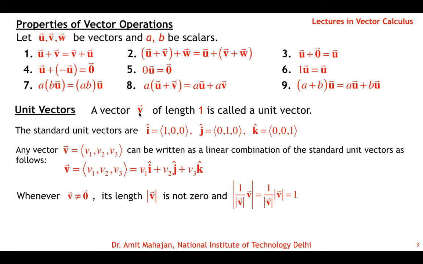That means we can generate a unit vector from any non-zero vector by dividing by its magnitude. This new vector is a unit vector in the direction of v itself, in the same direction. So if you are given any non-zero vector and want to find a unit vector in its direction, we just divide the vector by its length.